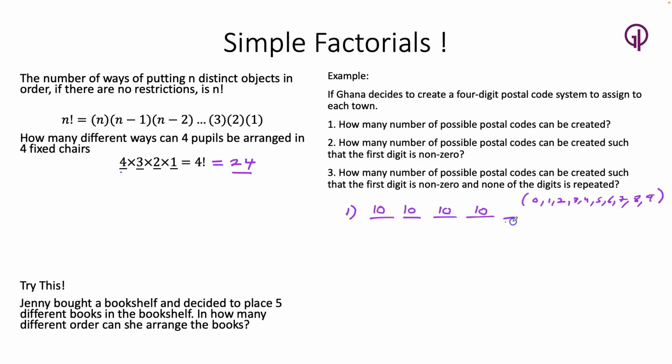So in all, here we've made how many decisions? 4 decisions. Multiply all those 4 decisions and then you get 10,000 total number of postal codes. Now number 2.